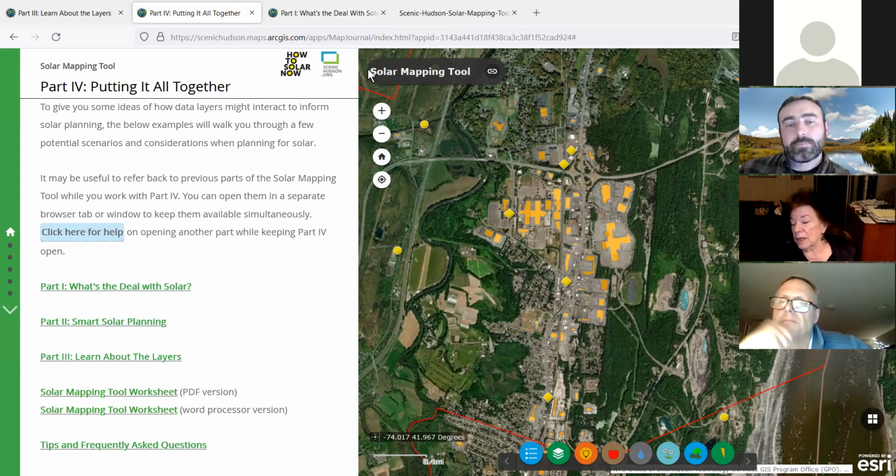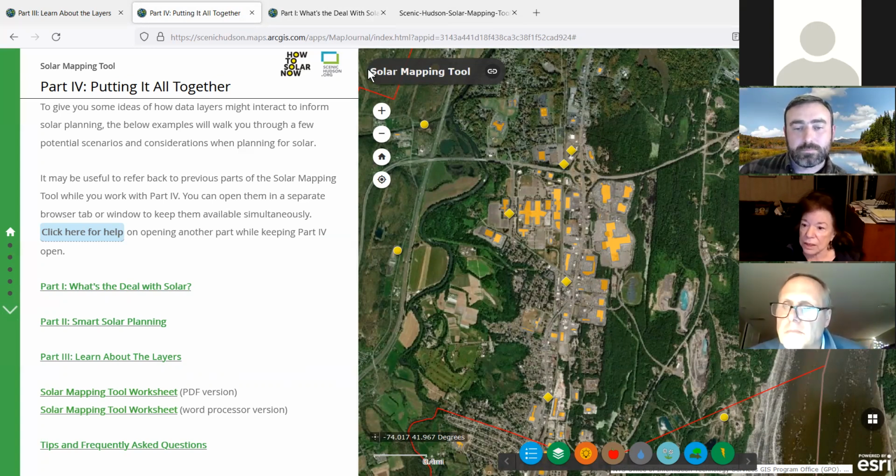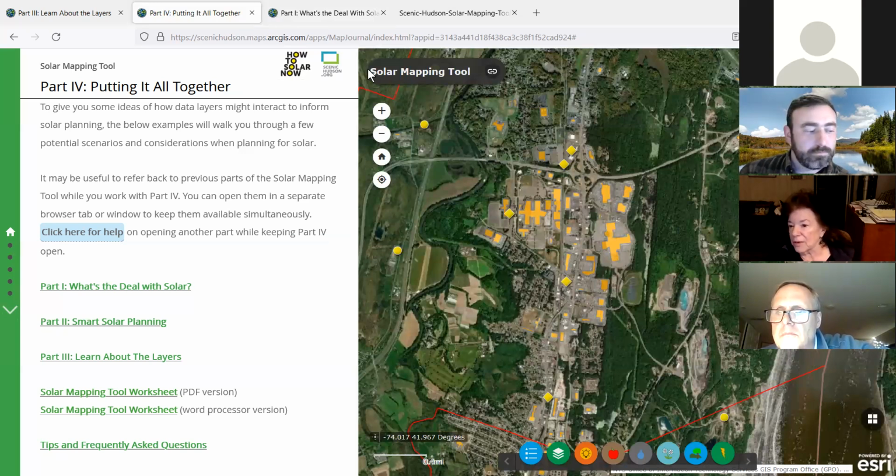We can ask for experience with shopping malls and large industrial sites, so we can help provide that information. But I think the signal that comes from the municipality is going to be critical, and that's why I think this is such a valuable tool. But you're right, we want to stay focused on the layers and how we can put it all together.